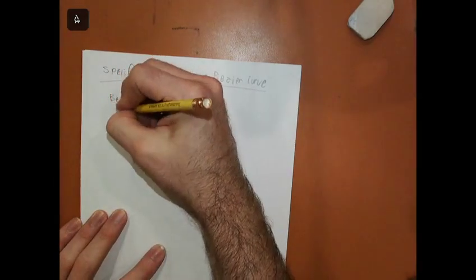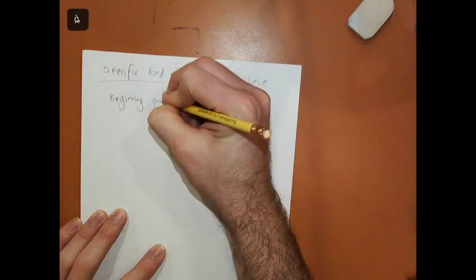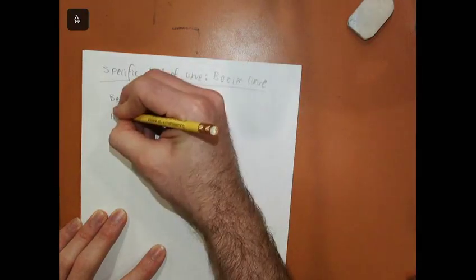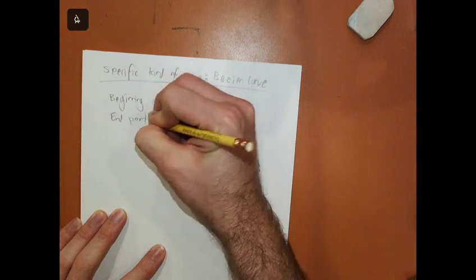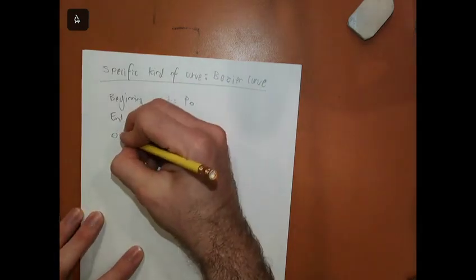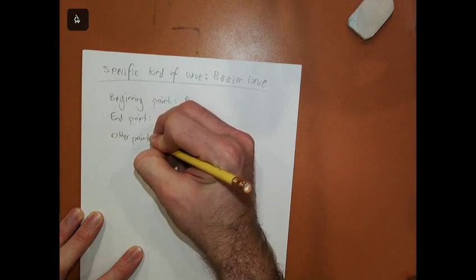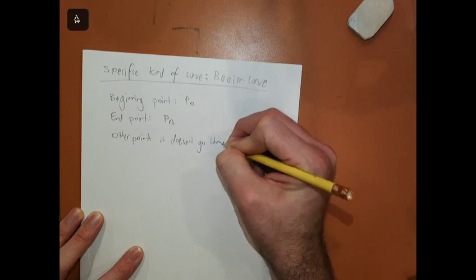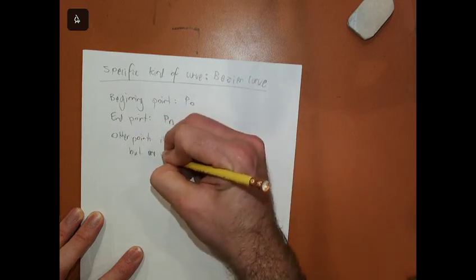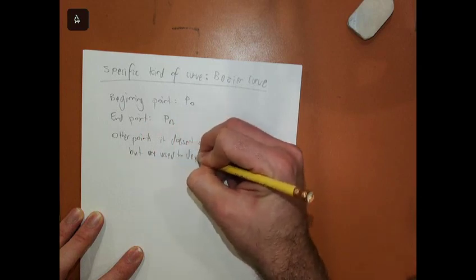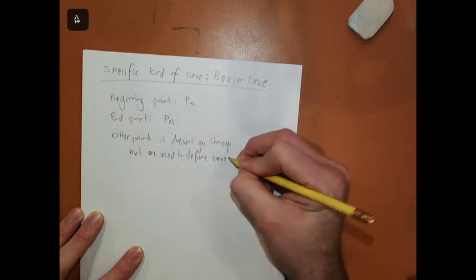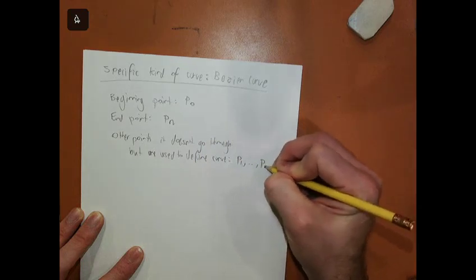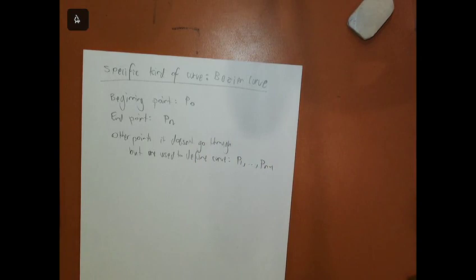So there's a beginning point P0, and an end point Pn, because there's an n, and then there are other points, P1 up to Pn minus 1, which the curve doesn't go through, but are used to define the curve.